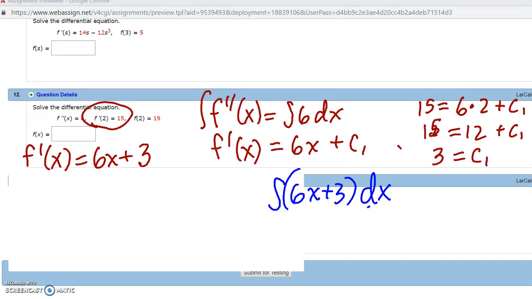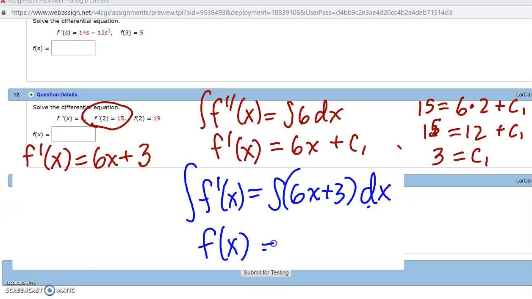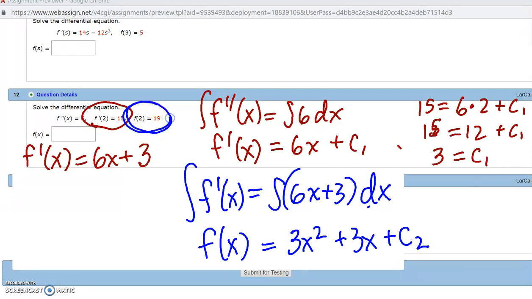And so taking the antiderivative, this is again the integral of f prime of x. And so I'm going to get f of x when I'm done equals 3x squared plus 3x plus c sub 2.